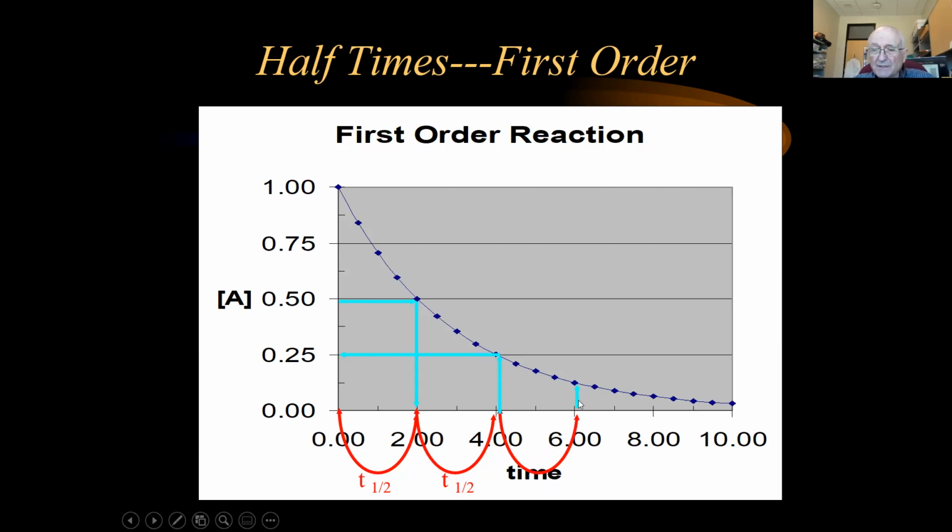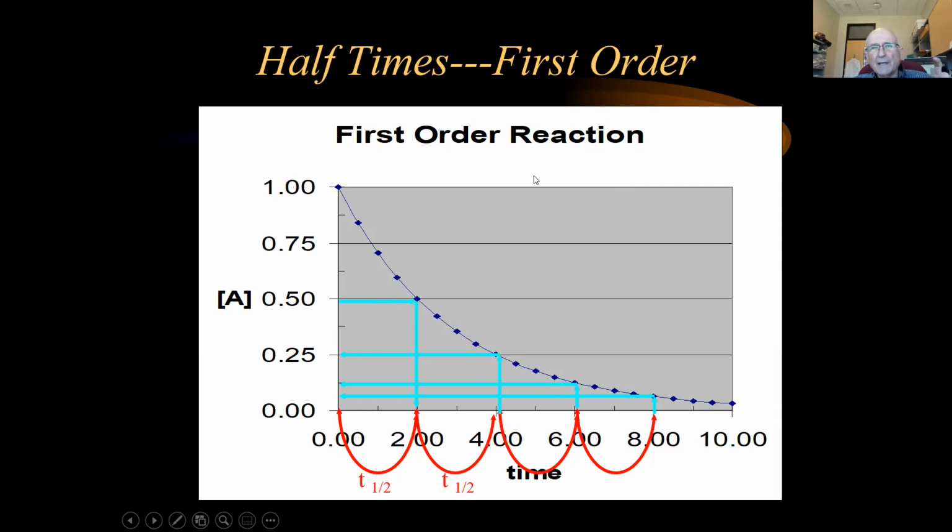It takes 2 minutes more to go from 25 to 12.5%, and so forth. So if you notice about the first order reaction, it's never really going to be complete, because whatever your concentration is, you're still going to have half of that left after 1 halftime. So if the halftime is constant, then this is a first order reaction.